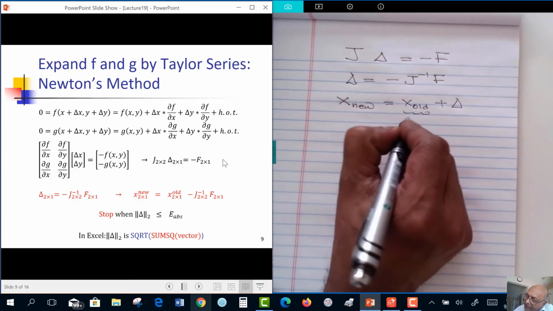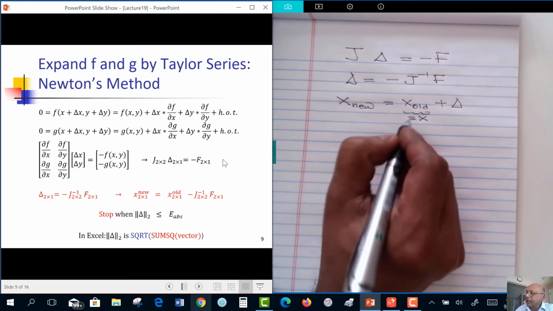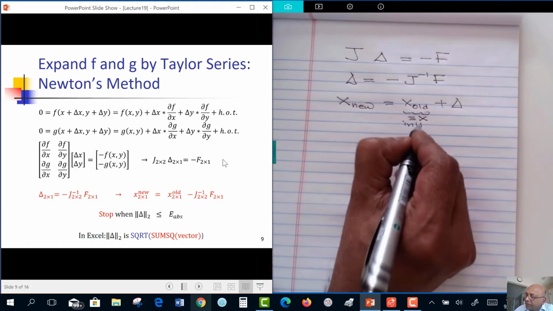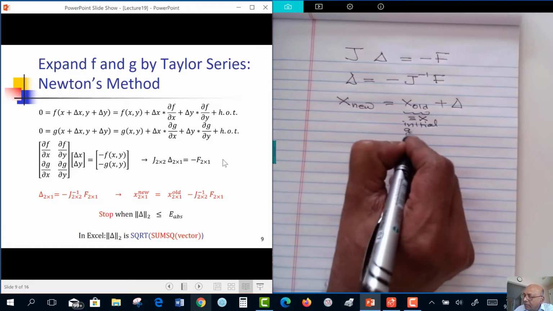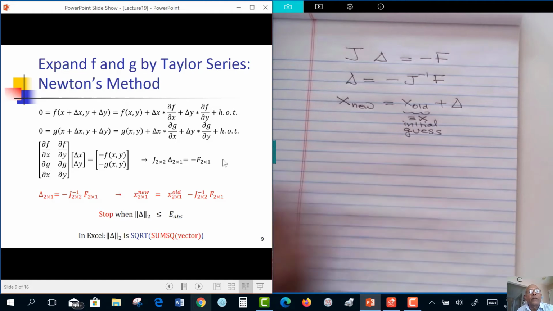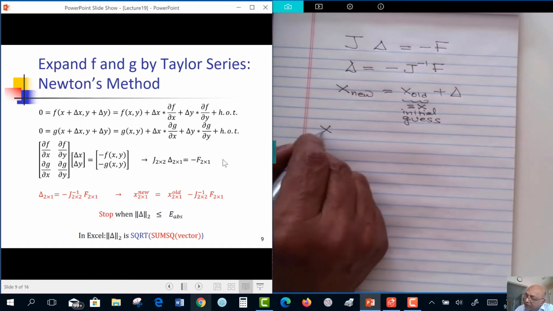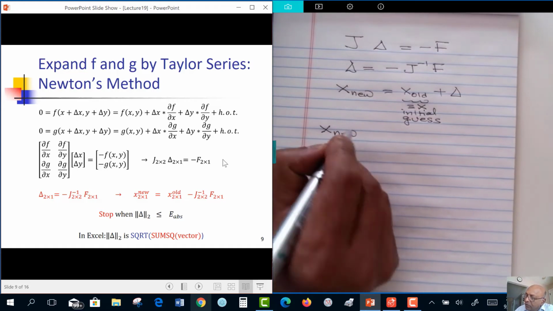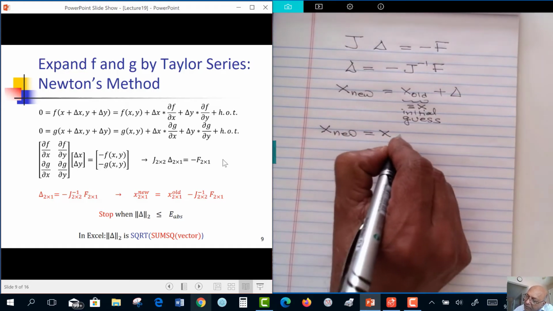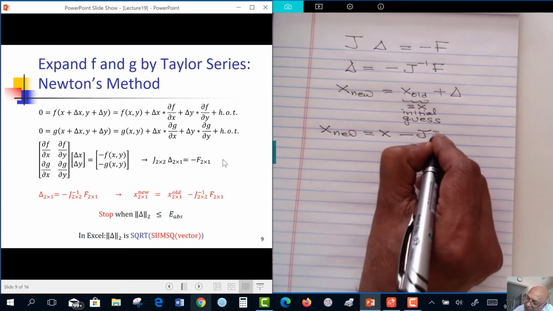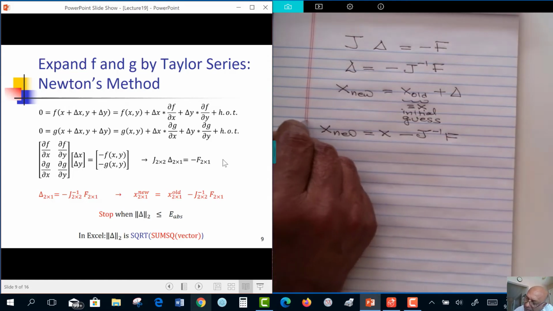So this is just like X, our initial guess, right? So our equation becomes X new is X minus J inverse times F.